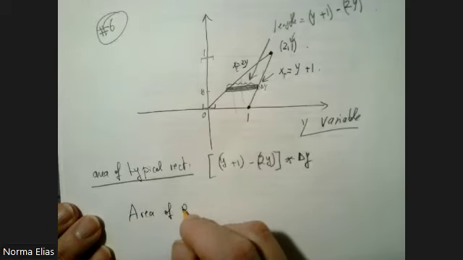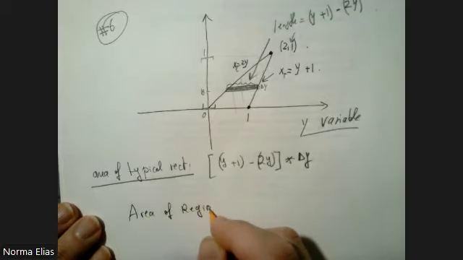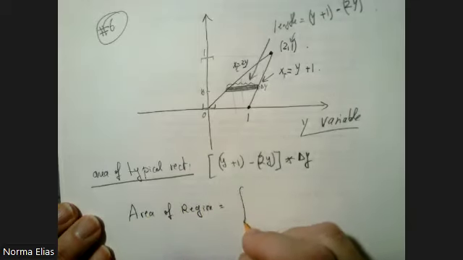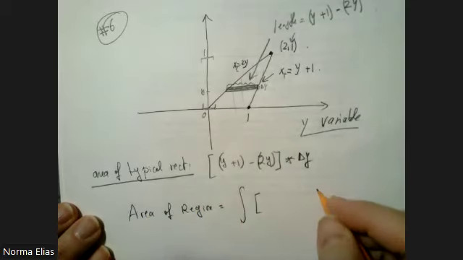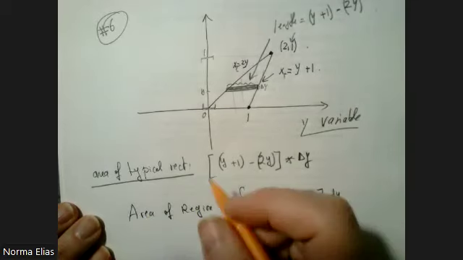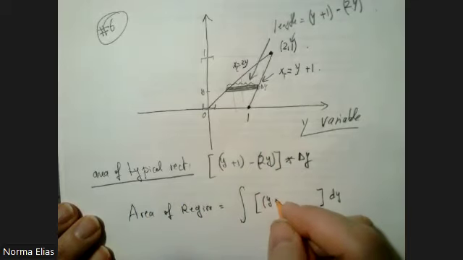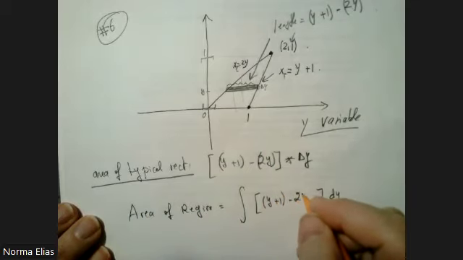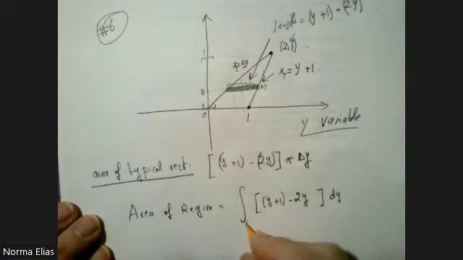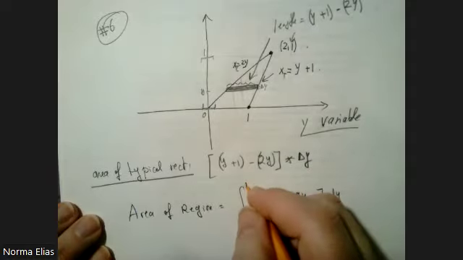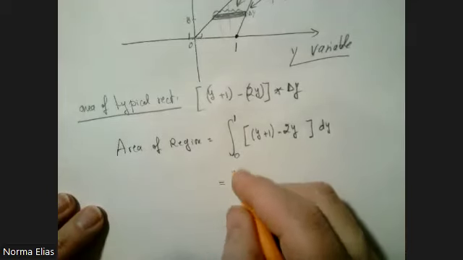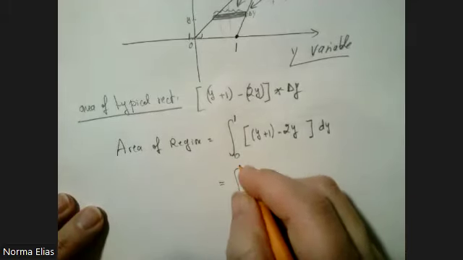Area of the region is going to be the integral of, I'm adding those little pieces. Interval 0 all the way to 1. And now the rest is, we simplify the expression inside the integral.